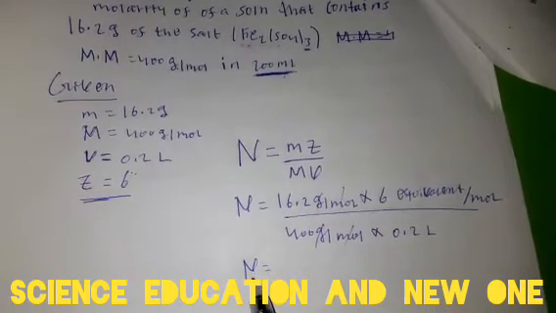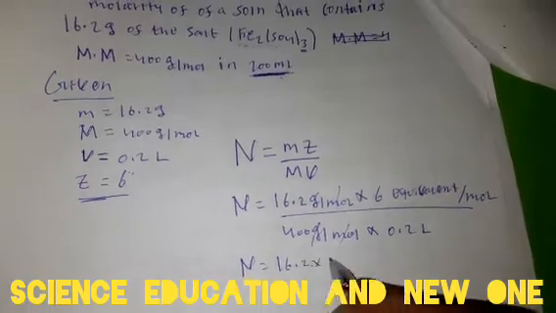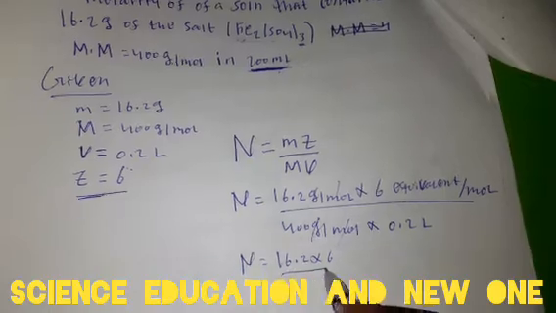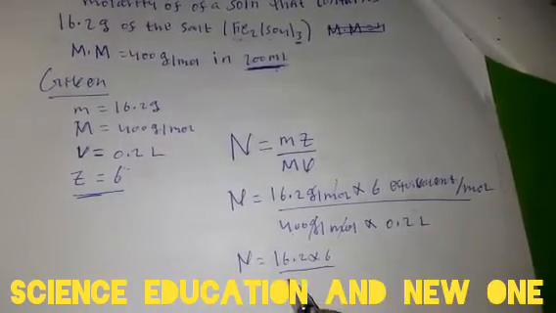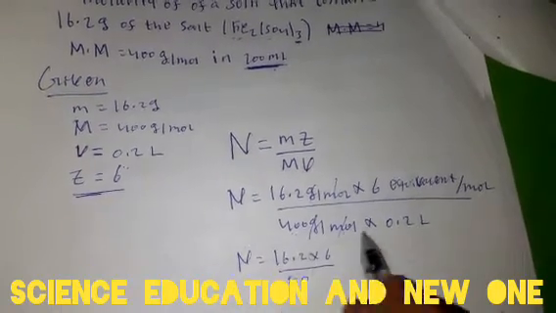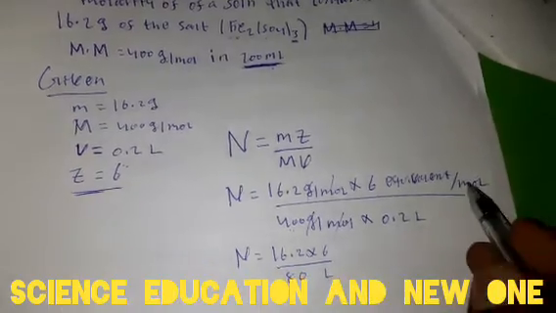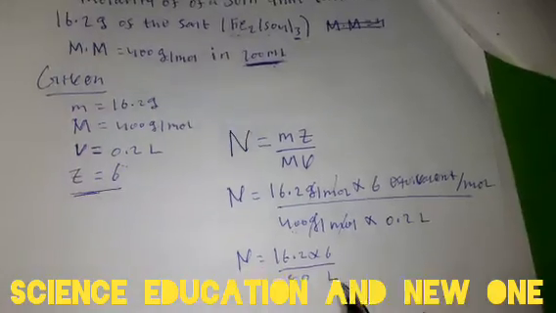Normality is equals to 16.2 times 6 over 400 times 0.2, which is equals to 18 liters. This mole is cancelled by the moles.